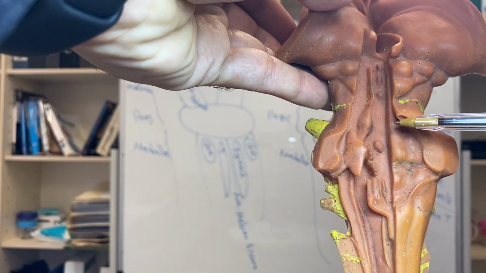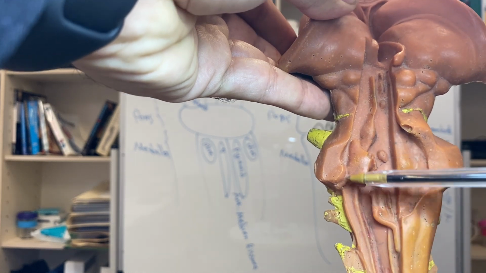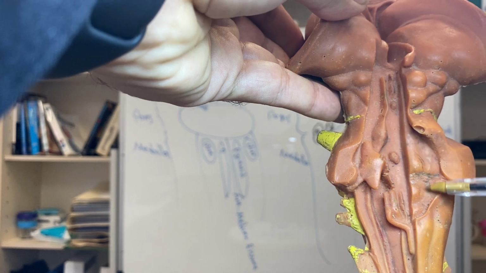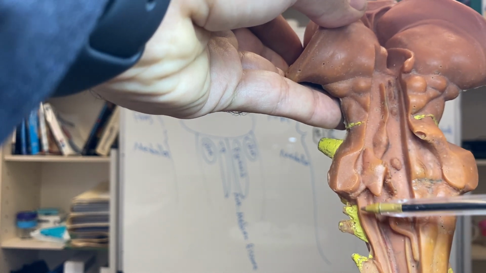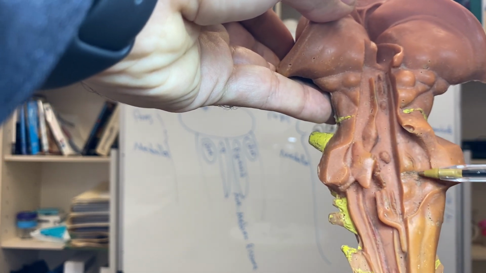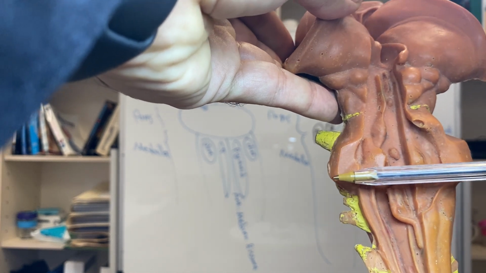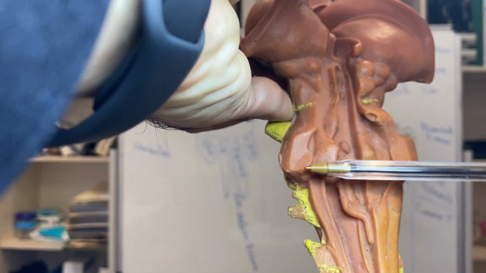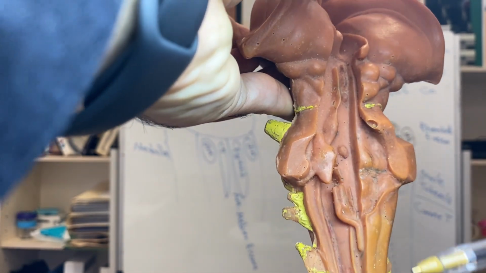And if you look here precisely, this is the rhomboid fossa, the floor of the fourth ventricle, which is filled with CSF, cerebrospinal fluid. Upper part of this is part of the pons, this is the pons. And lower part is part of the open part of the medulla.